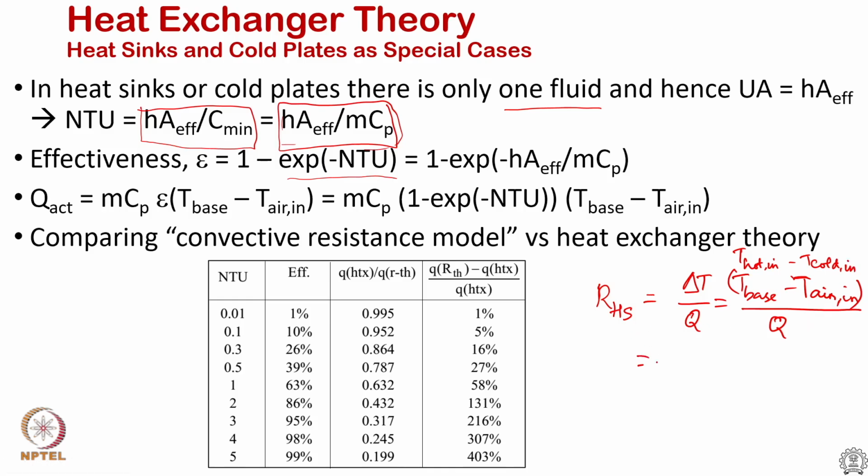So, this is nothing but 1 divided by m dot Cp times effectiveness, and if I substitute for effectiveness, this becomes 1 divided by m dot Cp times 1 minus exponential of minus h A effective divided by m dot Cp.